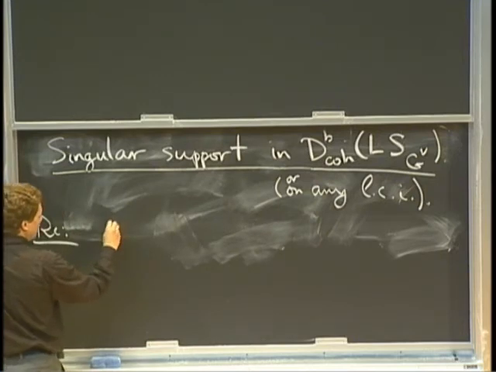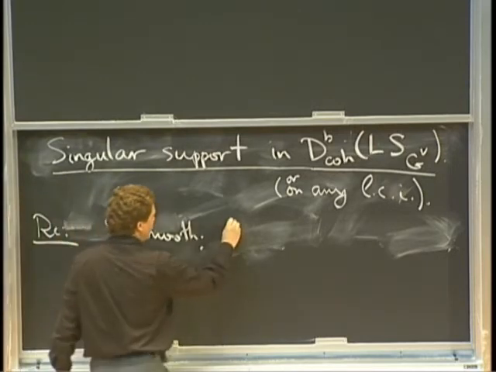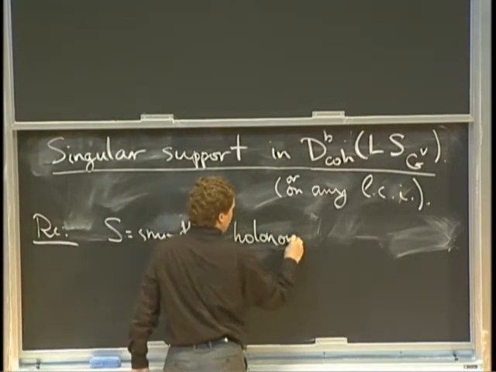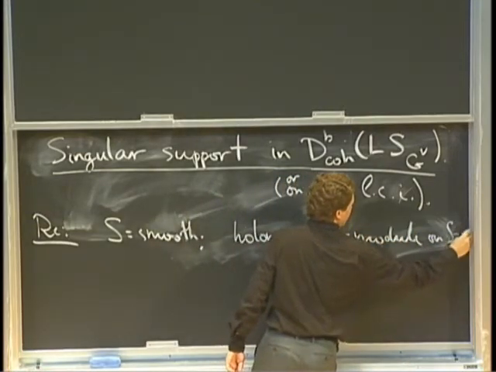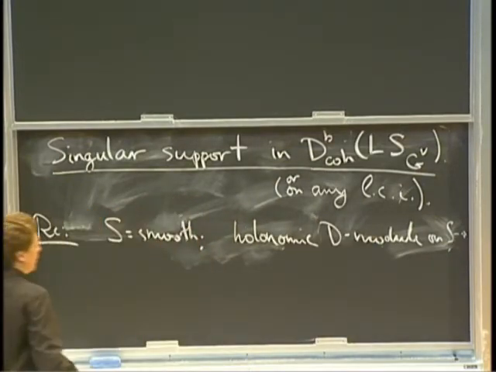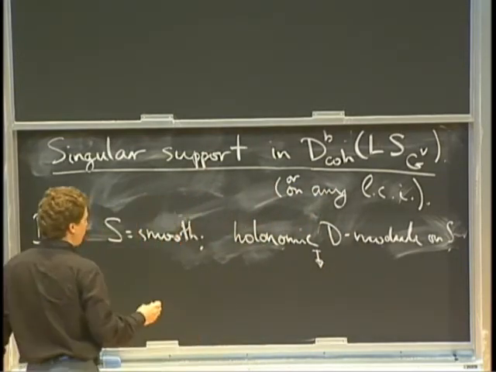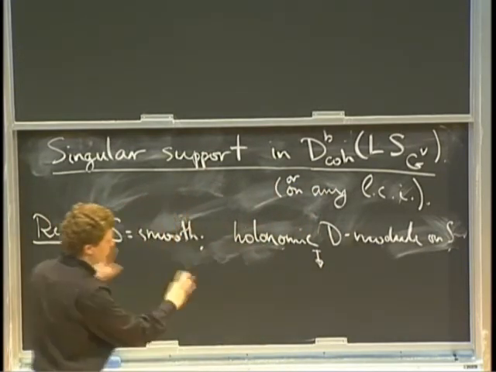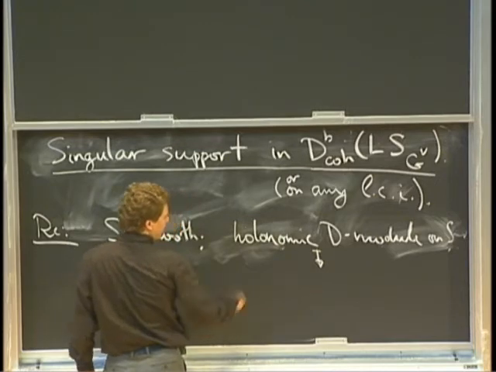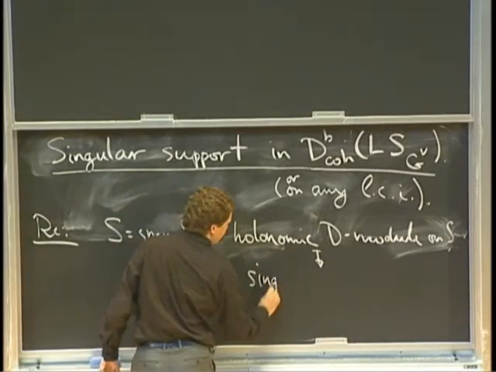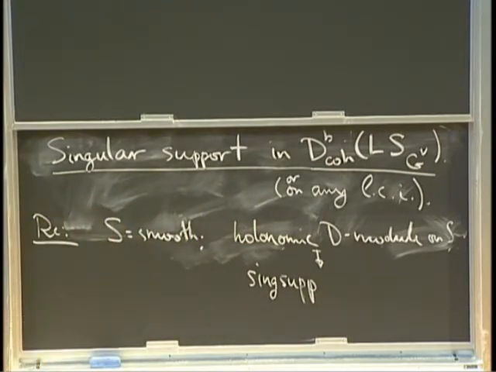So the point is that if S is smooth, then to a holonomic D-module on S, you can assign its singular support, characteristic cycle, microlocal support, whatever. I don't really need the cycle, just this. I don't care about multiplicities here. So you can assign something that I can call singular support, which is a closed conical subset in the cotangent space.